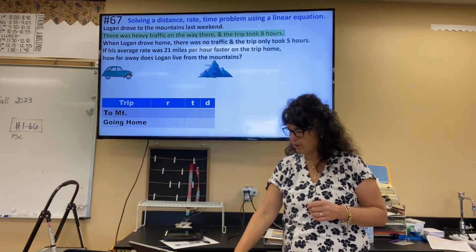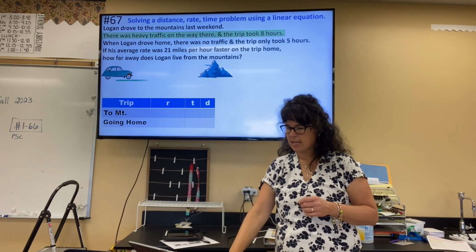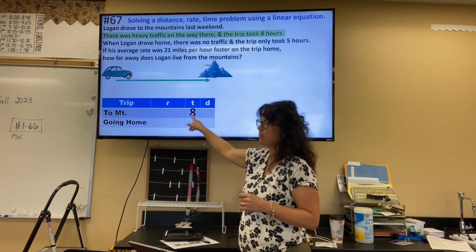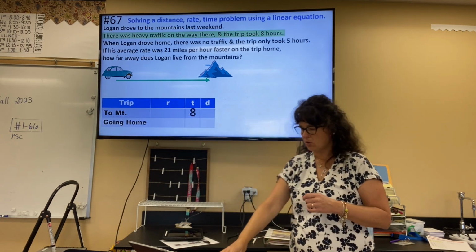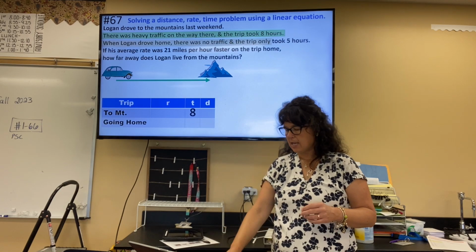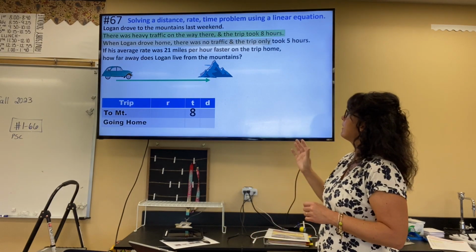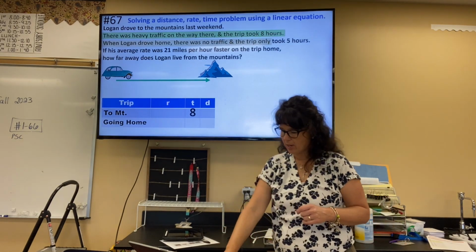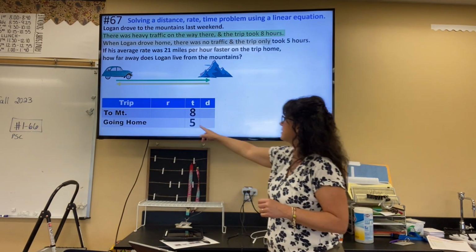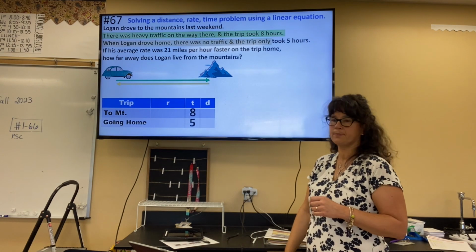So this time very quickly, it gives me 8 for going to the mountains as my time. So I'm going to put 8 in that box. Then it says Logan drove home, there was no traffic, and the trip only took 5 hours. So on the way home, I can put that the time is 5 hours.